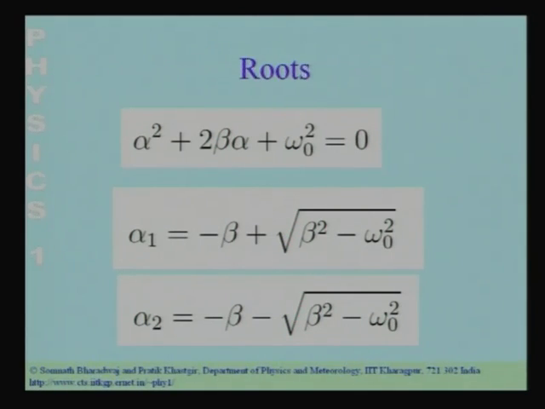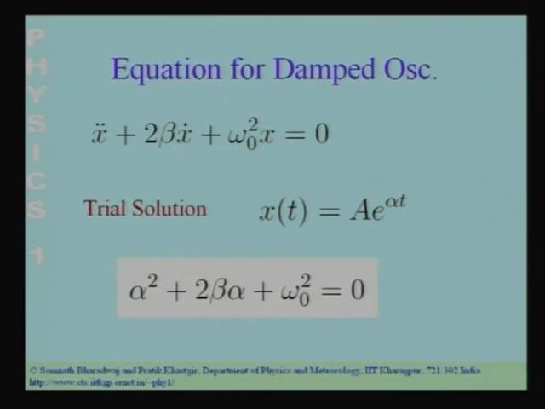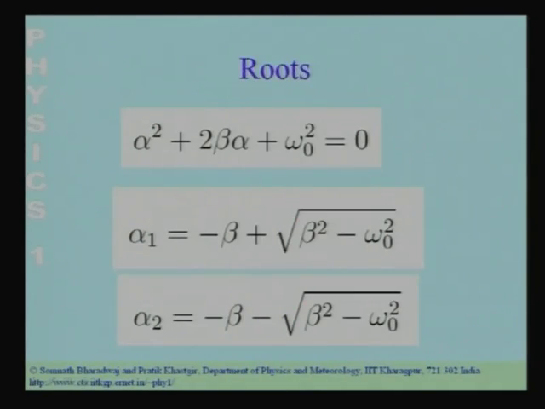The coefficient alpha appears in the exponent of the trial solution. So the trial solution is a constant times e to the power alpha t, and alpha has two roots, alpha 1 and alpha 2, which are defined as follows.